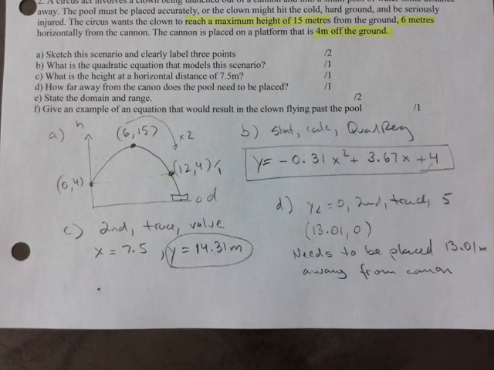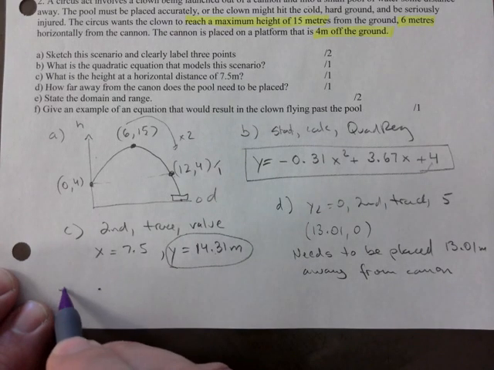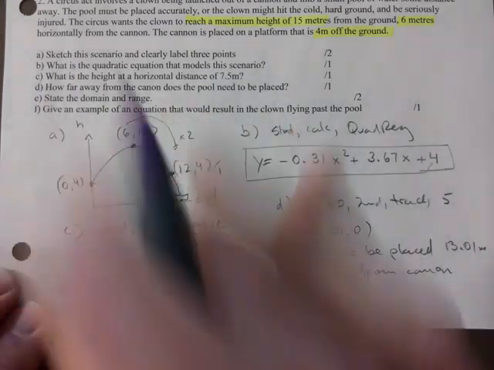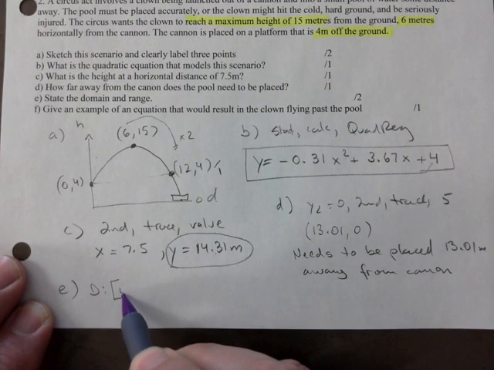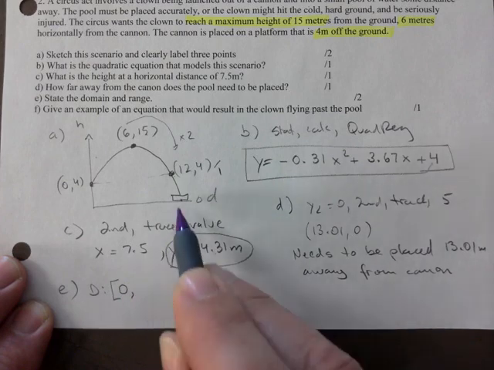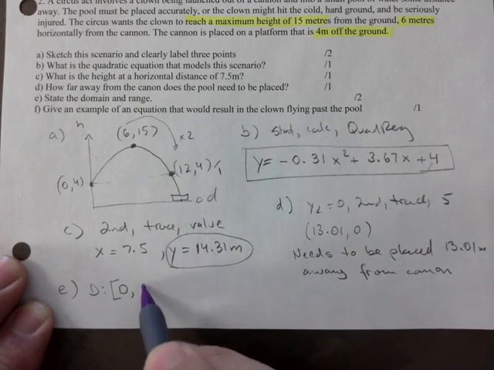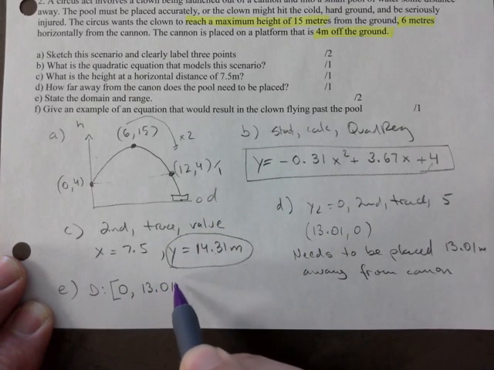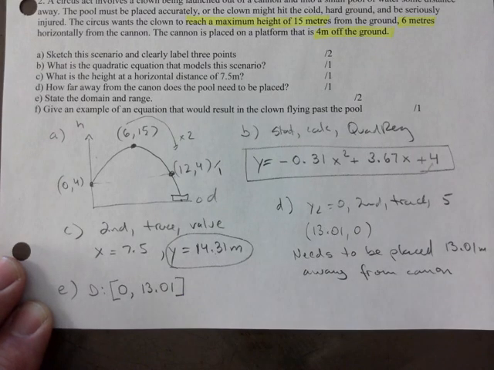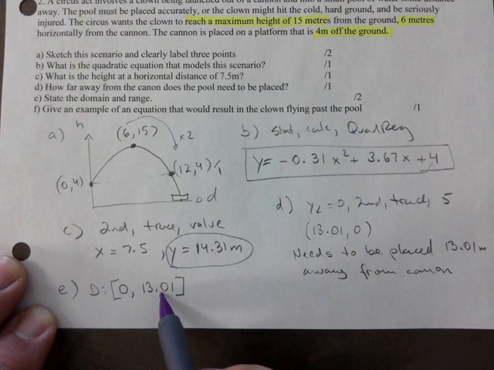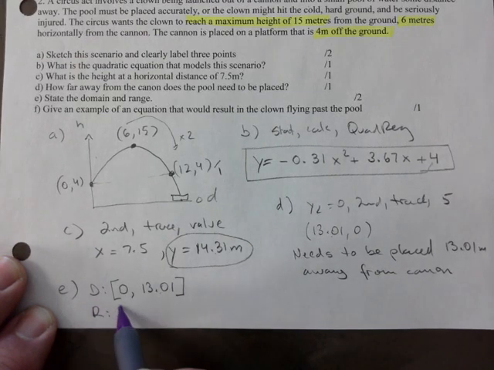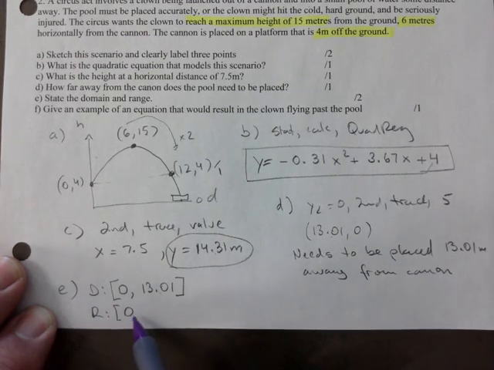Next, E, state the domain and range. We're running, that's pretty tight here in terms of space. So for the domain, distance 0 all the way to this x-intercept. So I kind of expected you to grab this answer, plug it in here. For the range, the lowest we get is 0, the highest we get is 15.